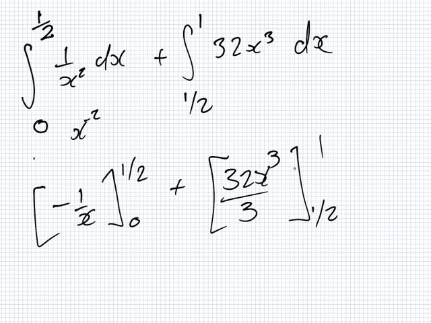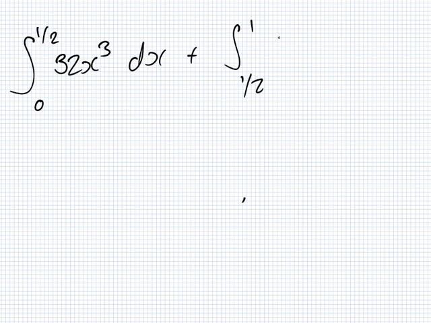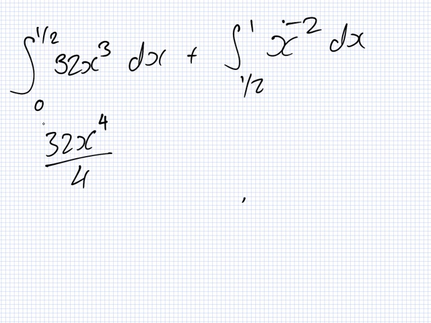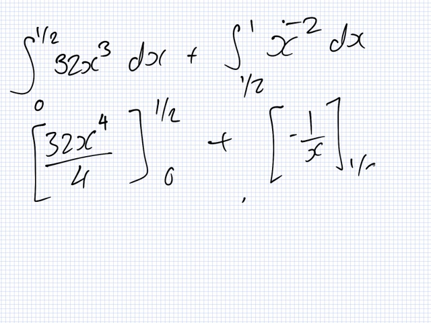That would have been embarrassing later. 0 to 1/2, 32x cubed, plus 1/2 to 1, x to the minus 2 if you want. So this one will be 32x to the 4 over 4, 0 to 1/2, plus minus 1 over x, 1/2 to 1.